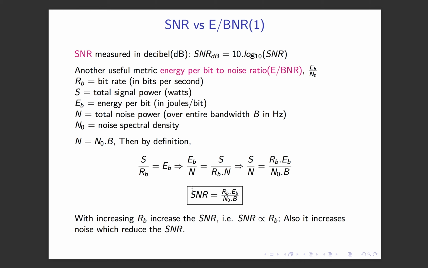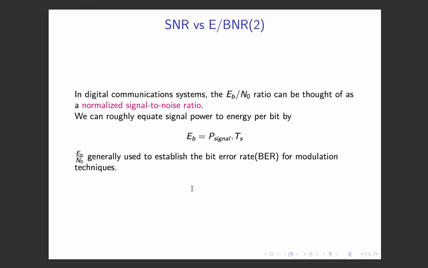Okay, so for a digital communication system, this Eb by N0 ratio can be thought of as a normalized signal to noise ratio. We can roughly equate the signal power and the time period to the energy per bit.